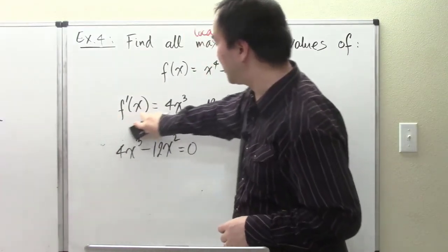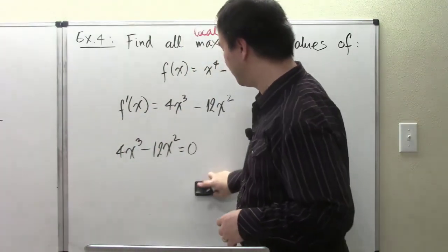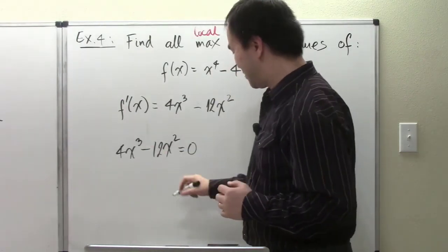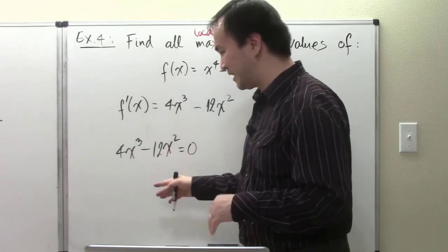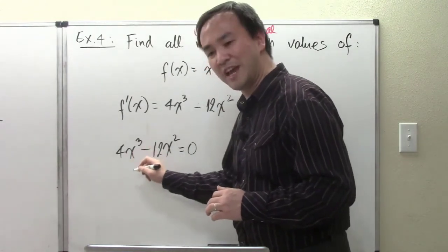I'm erasing part of that to keep the board a little bit clean, otherwise it looks too busy. We have a common factor here, and when it gets to something like this, most of the time we stay with the factoring method.